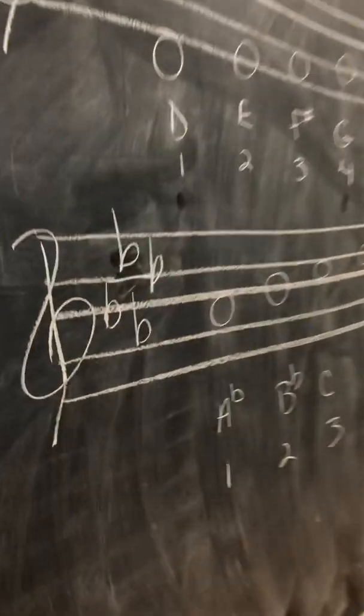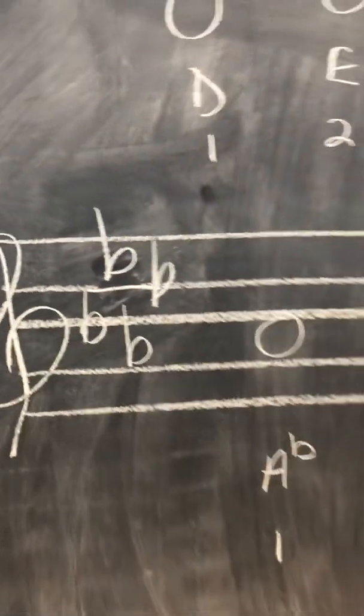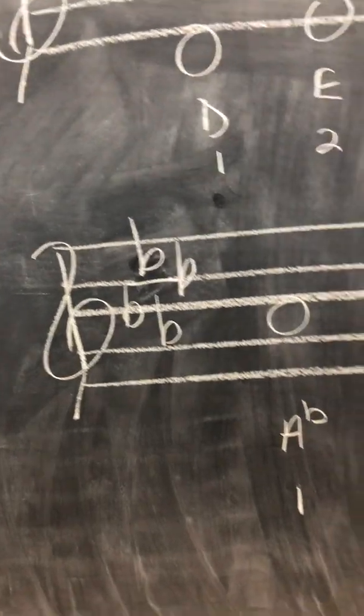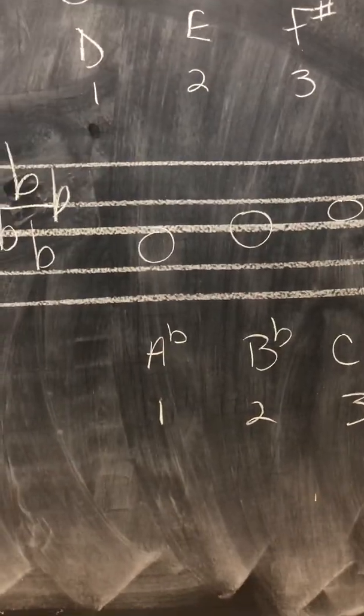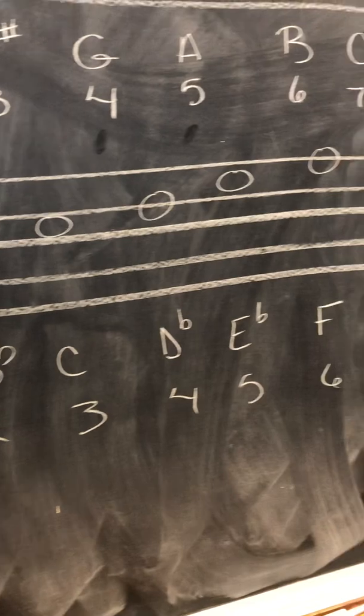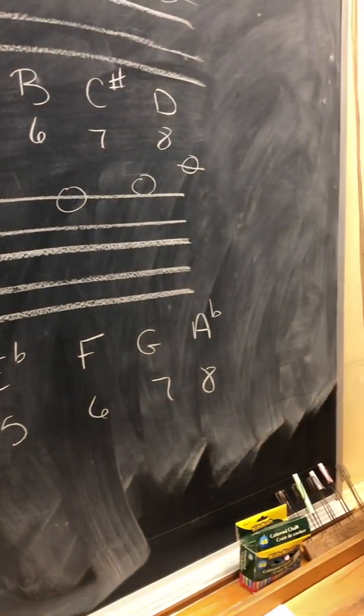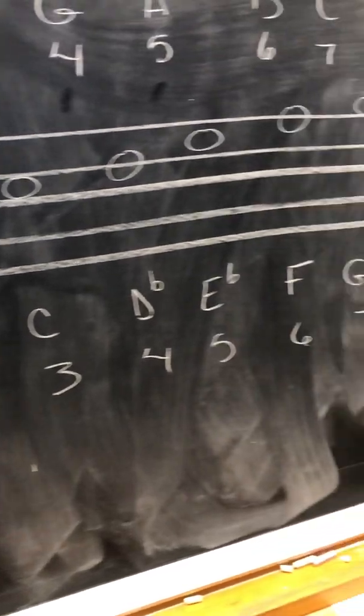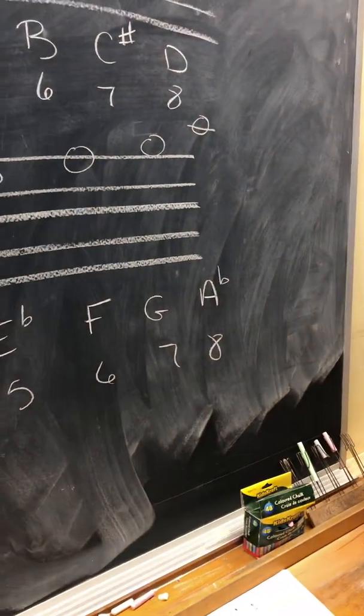Now we're going to work in the key of A flat major. According to our circles, A flat major has 4 flats. We would start on A, and it would be A flat, B flat, C, D flat, E flat, F, G, A flat. Then we put in our scale degrees, 1, 2, 3, 4, 5, 6, 7, 8.